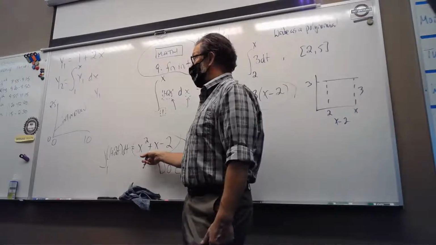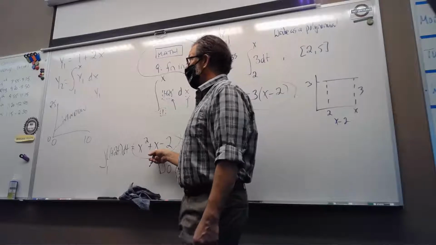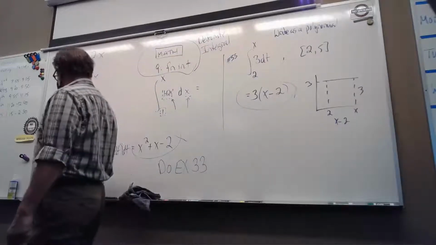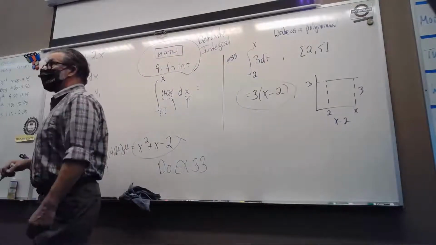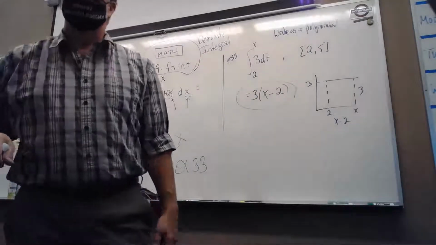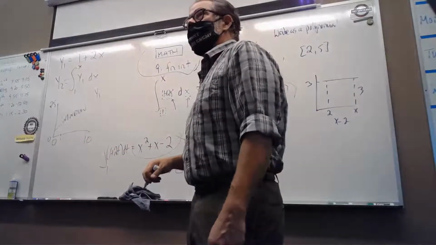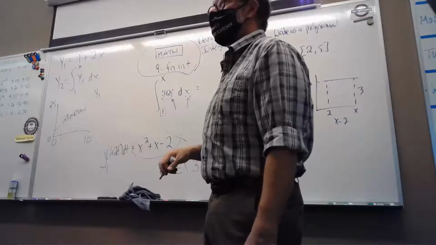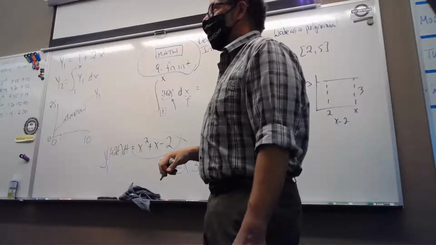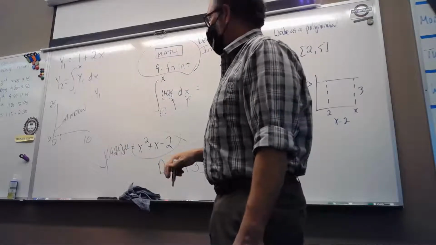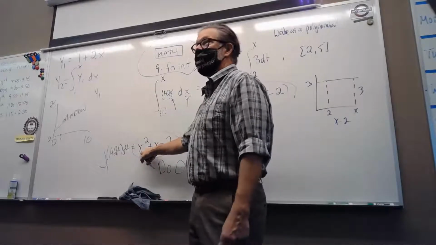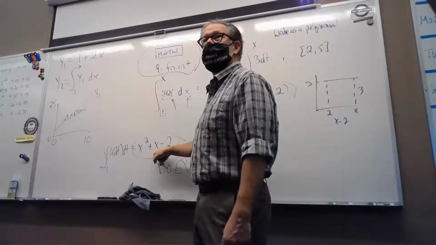Because we already know what it looks like because we figured it out earlier. What's it equal to when x is 1? One squared plus 1 minus 2.